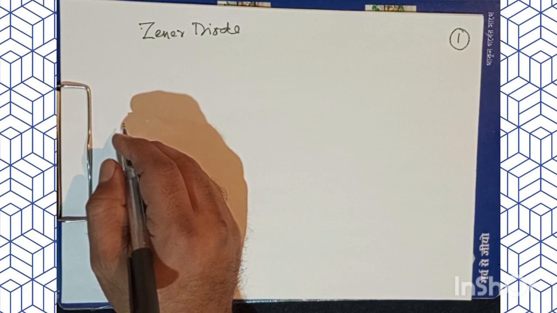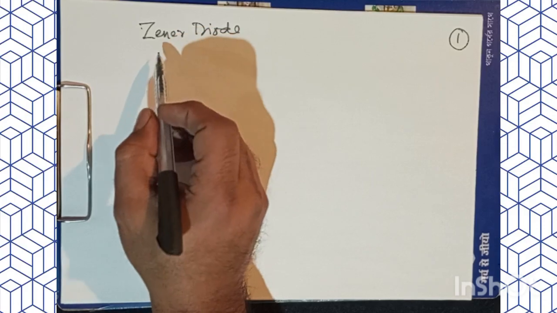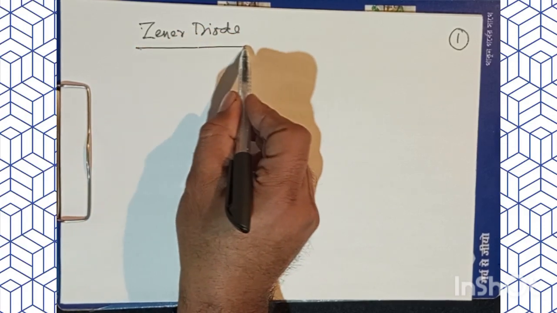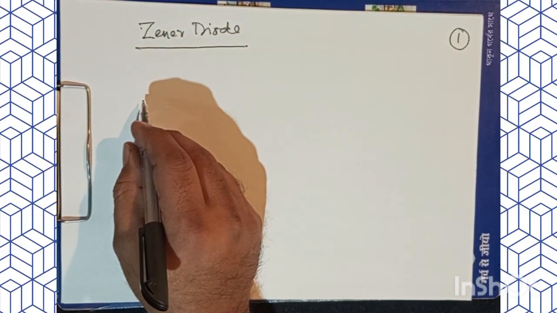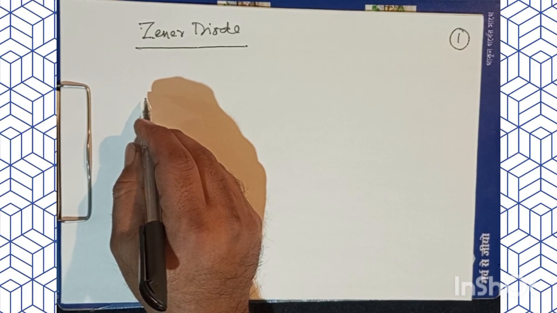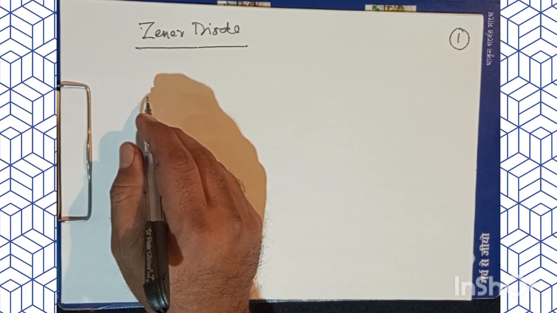These could be the probable applications of these junction diodes. Now, this PN junction we can use as a voltage regulator.